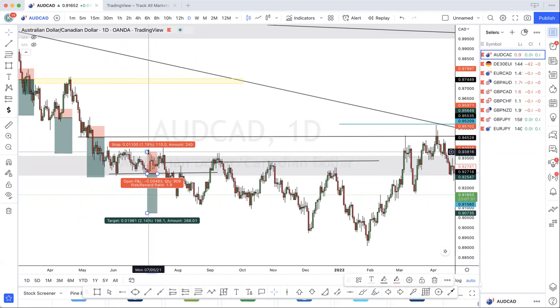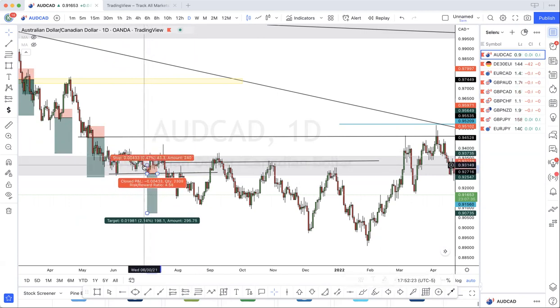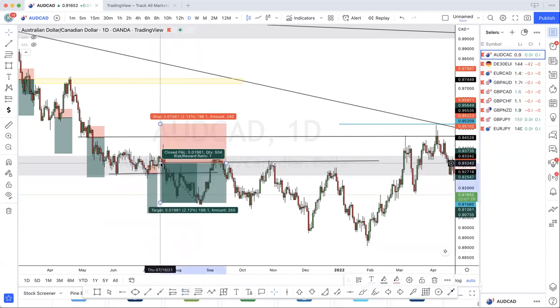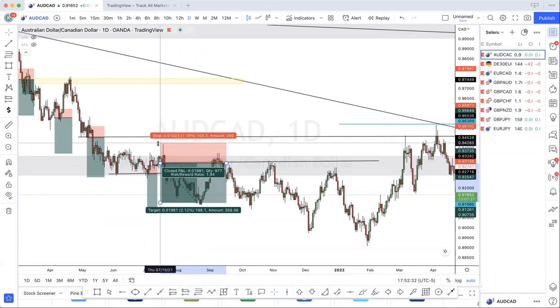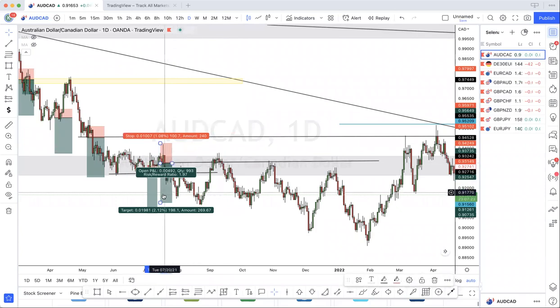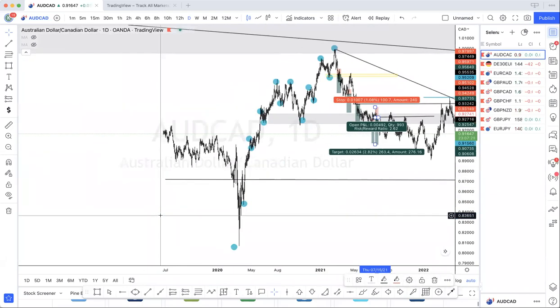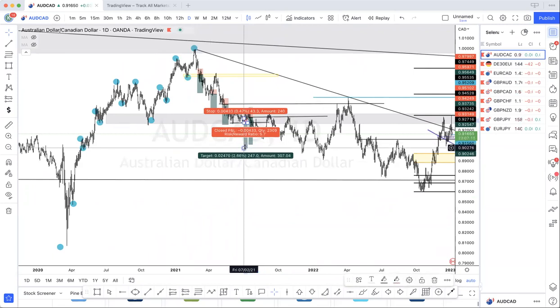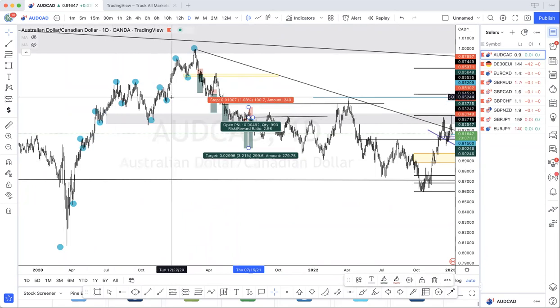So once price broke this level, it would have been an entry here and then also an entry here. It would have been one of the two. And then you're just taking your entries to the lows, the previous lows of the buy up.